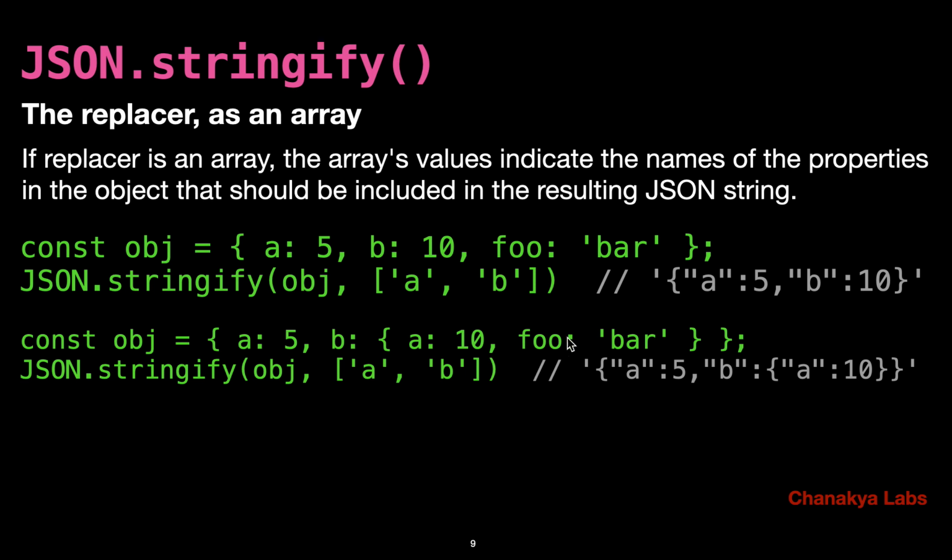So again it will go inside and only cater to the keys which are mentioned here. The mentioned keys are a and foo, and that's why it will be a, b, and inside b again foo will be deleted. So only a is there. So don't think that these are first-level keys only, right? At any level, whatever keys you want to keep, just provide them. Okay, so that is how the replacer as an array works.